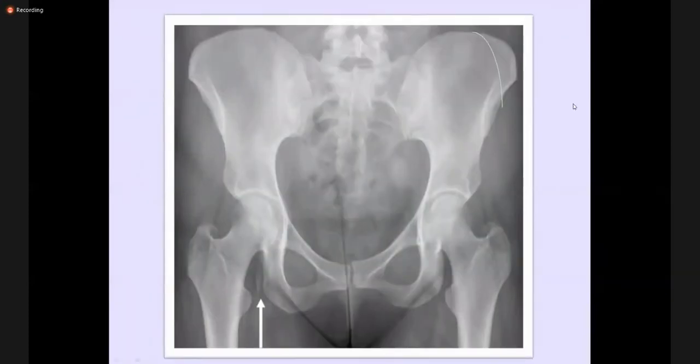See, this is the pelvic ring. If the fracture is outside this pelvic ring, this is the stable one, the A1 fracture. If it is involving the pelvic ring but is not displaced, it is still a stable fracture. But if the fracture is involving this pelvic ring and it is displaced, then it is an unstable fracture.